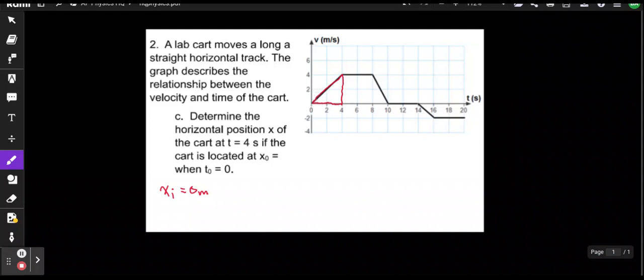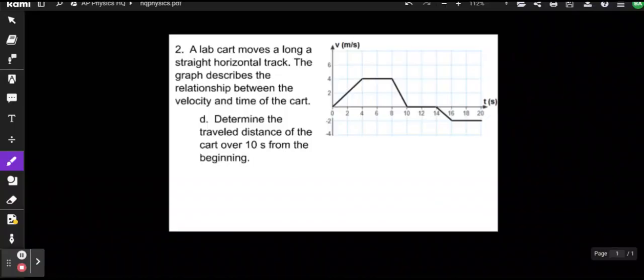So this is a triangle that is 4 by 4, giving us an area of 8. So this tells us that our displacement is 8 meters. Remember that displacement is equal to final position minus initial position. If our displacement is 8 meters, and our initial position is 0, then our final position is going to be 8 meters.